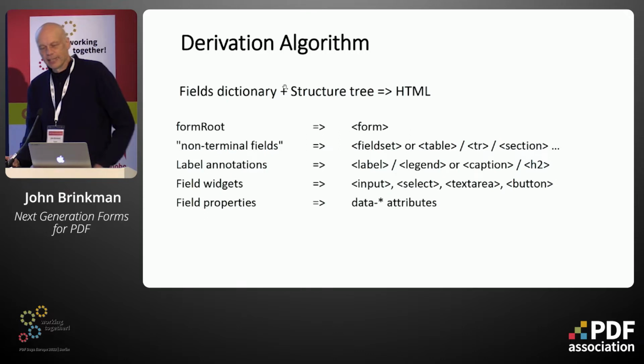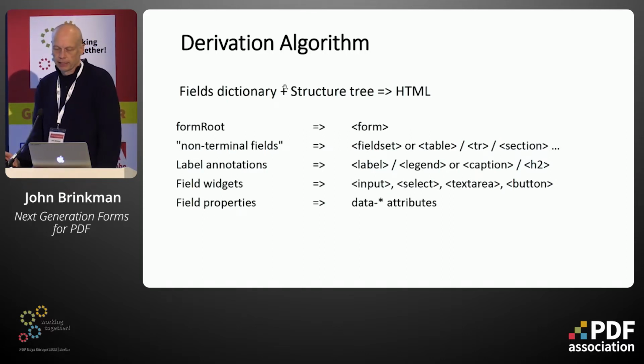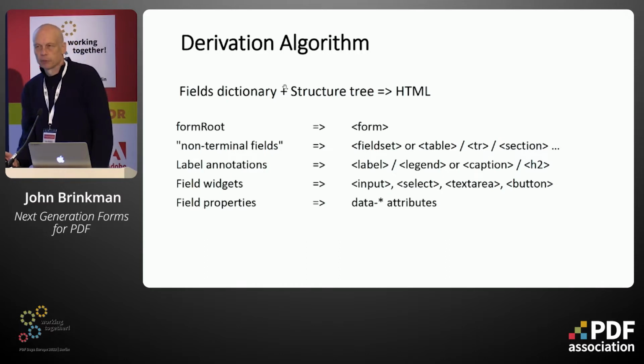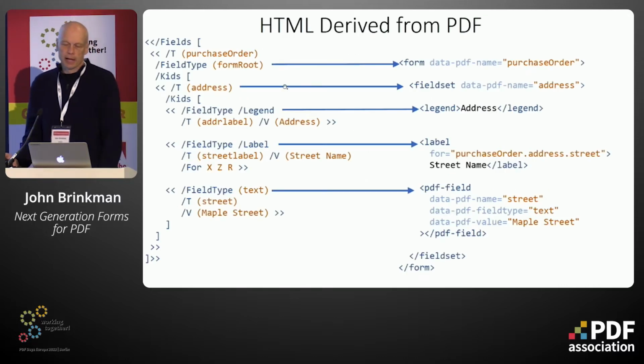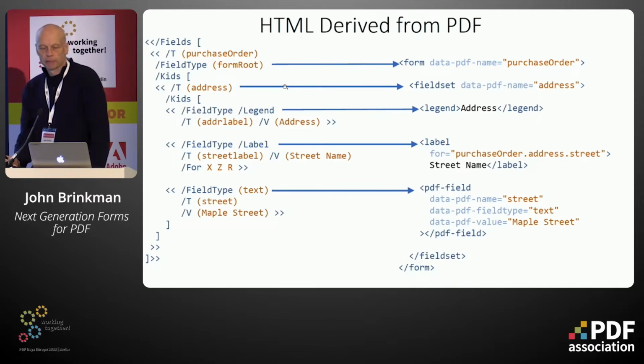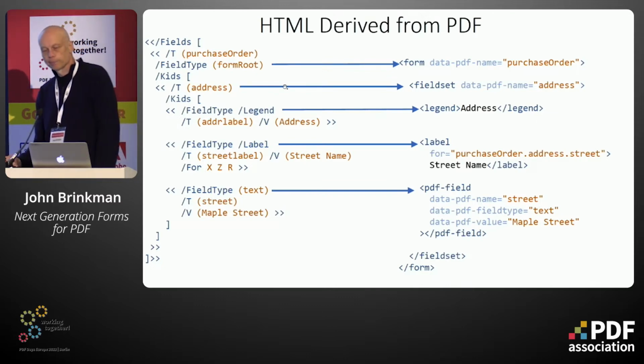Field widgets, in the end, will obviously find their way to be some kind of HTML widget. And for the vast majority of properties that don't map into HTML, we would just use data attributes. So look at that in one example here where I've got a purchase order, the top-level form root maps to a form. The address field set would map to a field set.